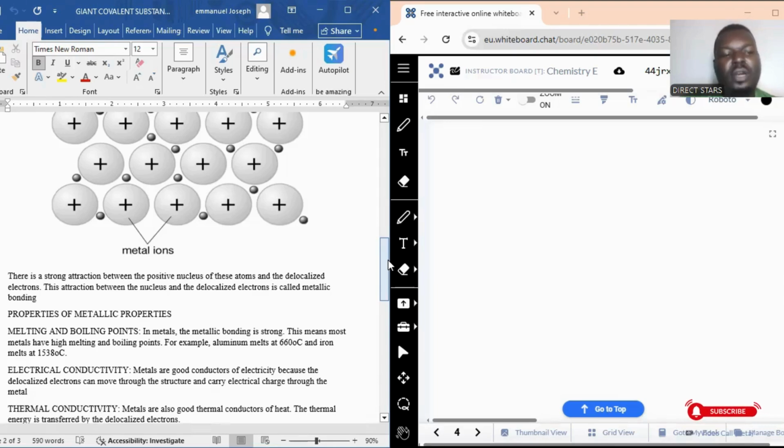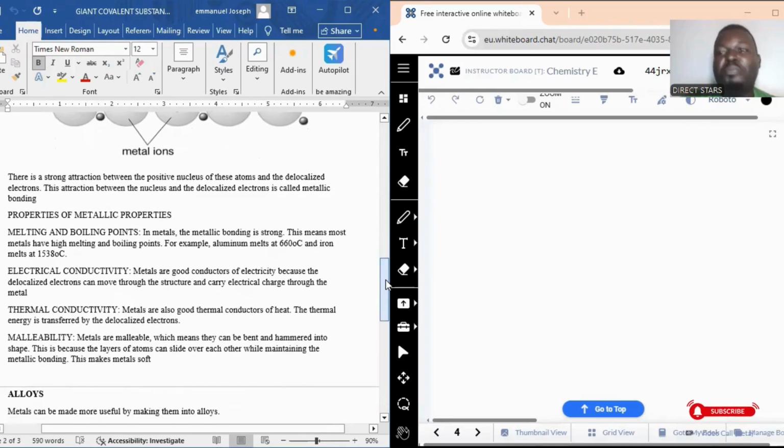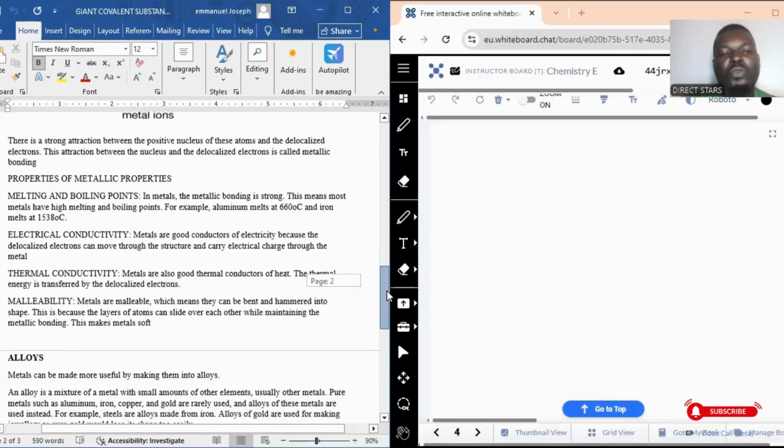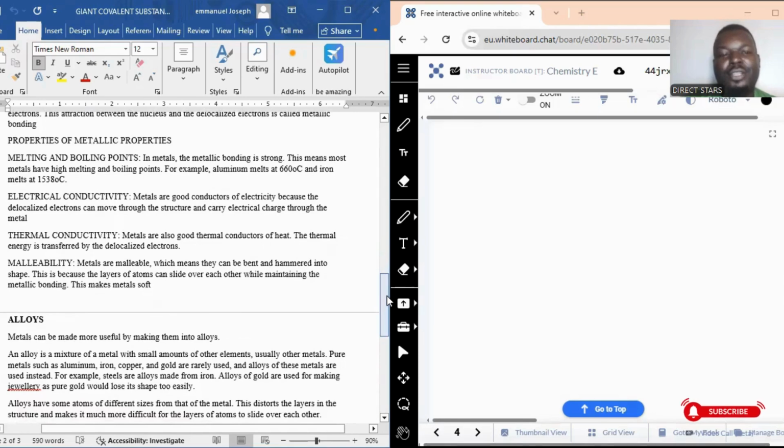I've talked about their electrical conductivity. Metals generally are good conductors of electricity because of the presence of the delocalized electrons that can move through the structure, carrying the electric charge through the metal.